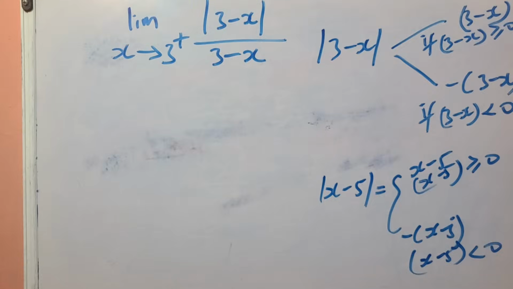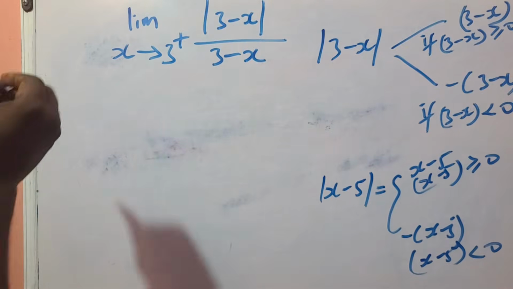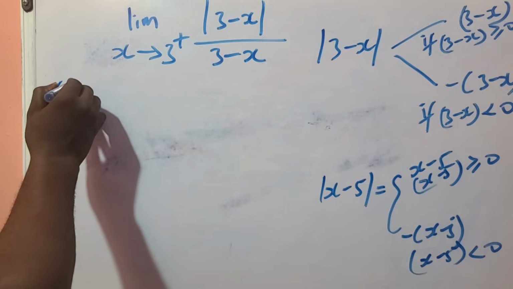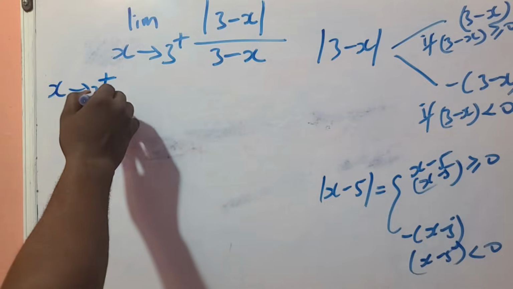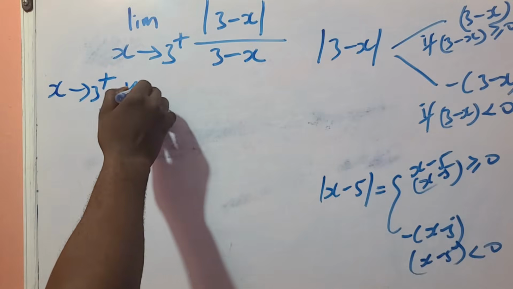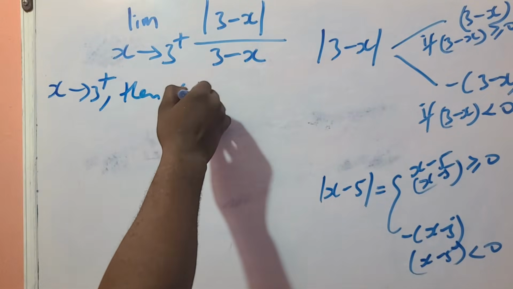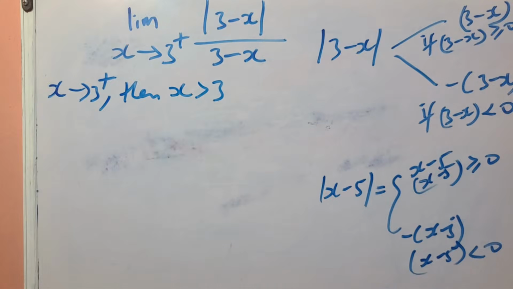Now, having understood that, let's talk about what we have here, this 3 plus. If you say x tends to 3 plus, what that implies is that x is greater than 3, it moves from 3 upward.